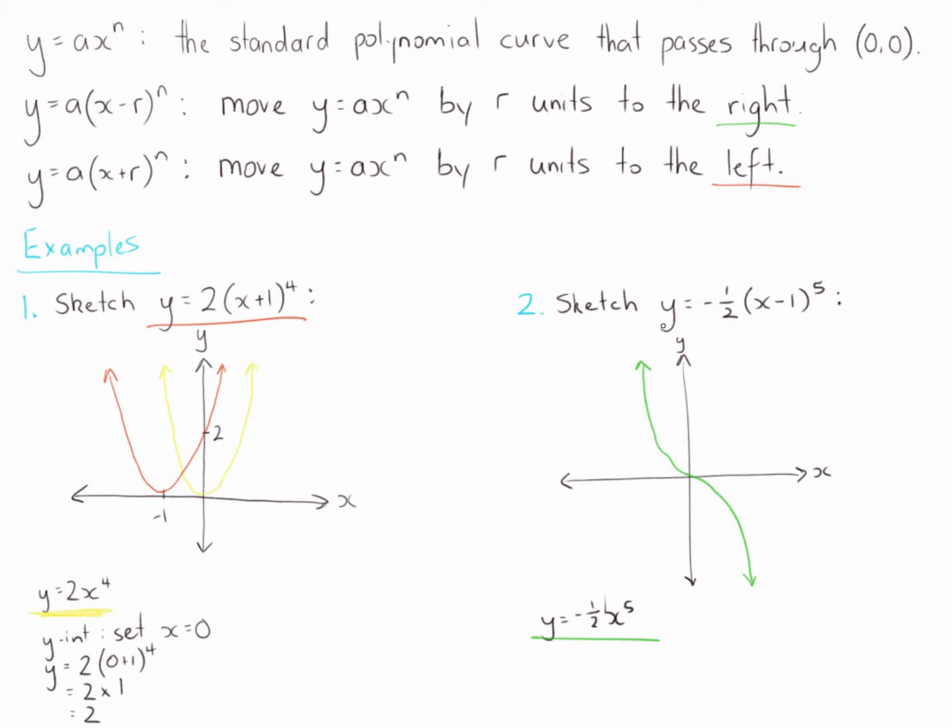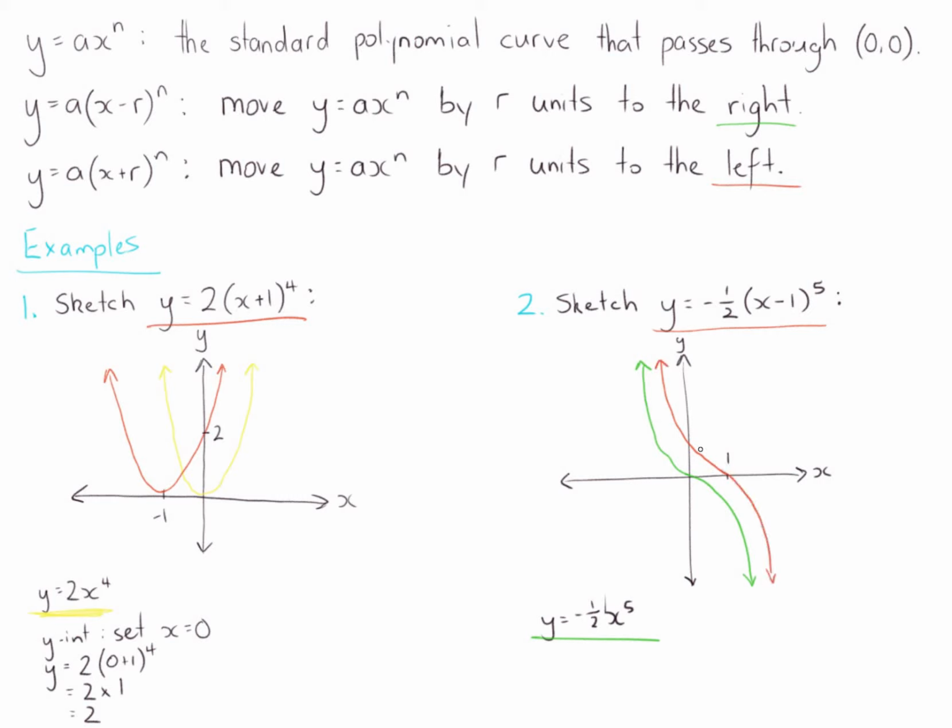However, we have moved this graph one place to the right, okay, because there's a minus in there. So instead of going through 0, 0, it's now going to go through 1. And look something like this.